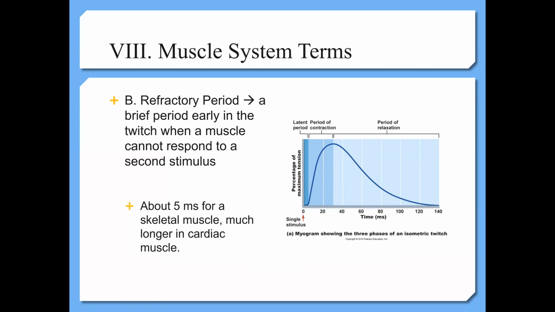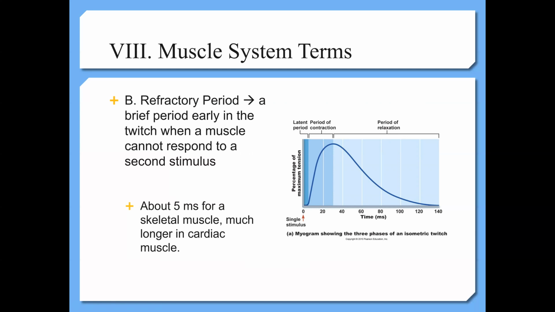If we had an ectopic focus and there wasn't a refractory period when the muscle would not contract due to a second stimulation, we could get the heart beating so fast that it wouldn't have time to fill. That's the basic purpose of the refractory period, to allow time for the atria to fill and then for the ventricles to fill.